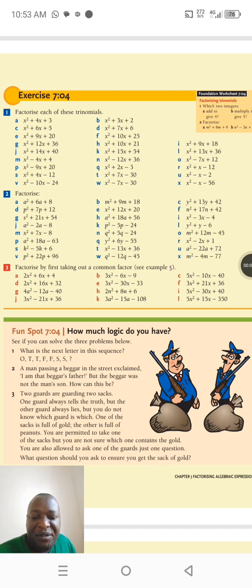Then question 2, factorize from 2a all the way to 2x. And lastly, question 3, in that exercise 7.04, 3a all the way to 3j.